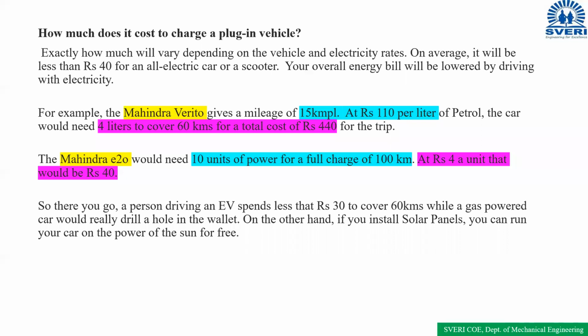Is it right or not? Yes, sir. Okay, 4 liters means 4 into 110 rupees. How much? Approximately 440. Means we have to pay approximately 440 rupees to travel 60 kilometers.